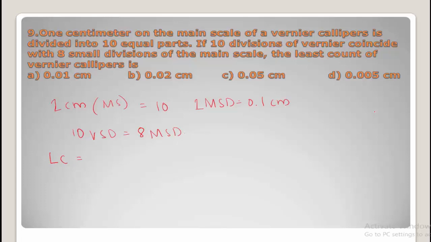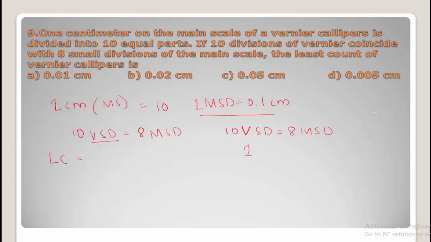Value of 1 MSD is what? Value of 1 MSD is, we know that it is 0.1. So the value of 1 VSD we have to find. So for this we know that 10 VSD is equals to 8 MSD. It means 10 vernier divisions coincide with the 8 main scale divisions.